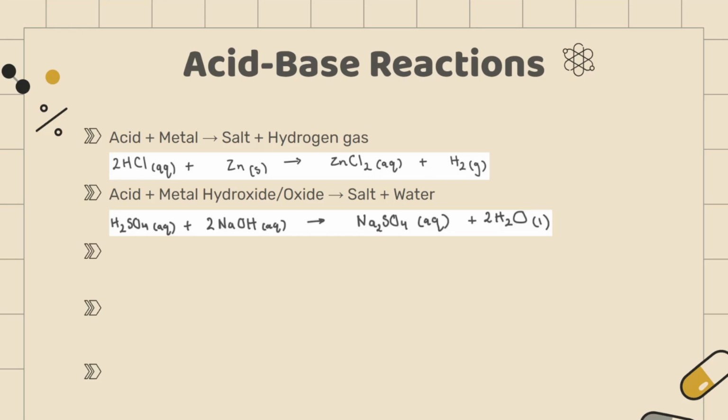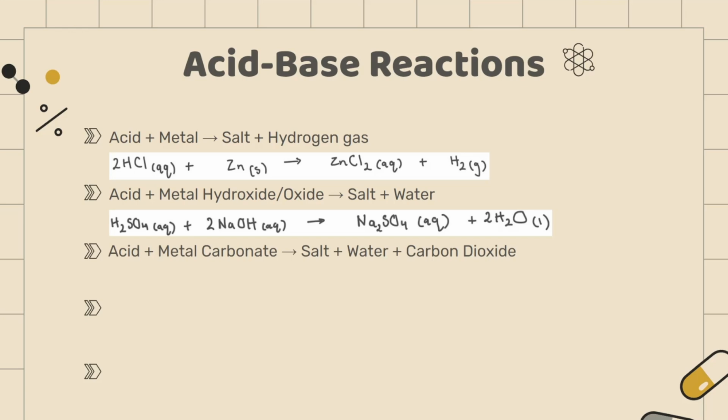You have sulfuric acid, H2SO4 aqueous, with your metal hydroxide here, being sodium hydroxide, producing your salt, which is sodium sulfate, and water. Okay, water is always in the liquid state, assuming that this is in standard lab conditions, okay, which is your room temperature.